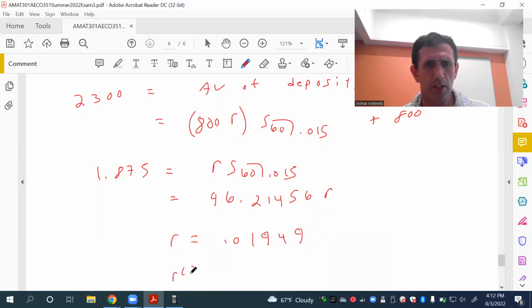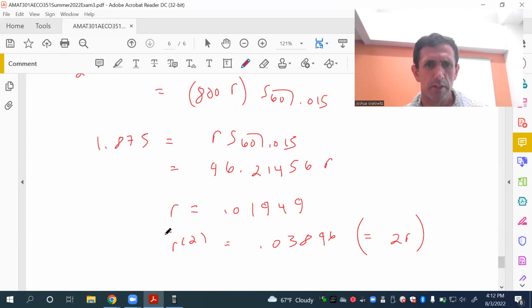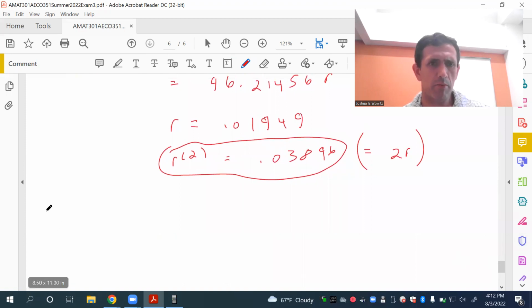So multiply by 2 to get your semi-annual nominal interest rate of 0.03896. Okay, so yeah, now we have everything we need for the bond price.